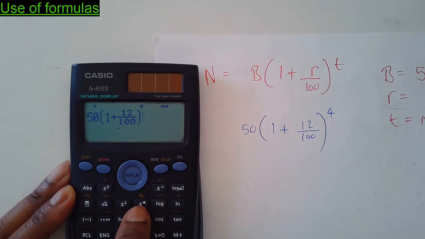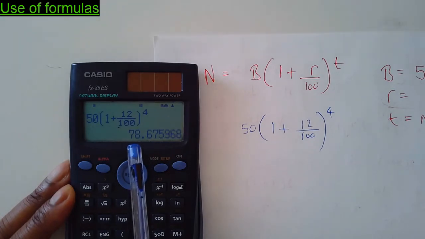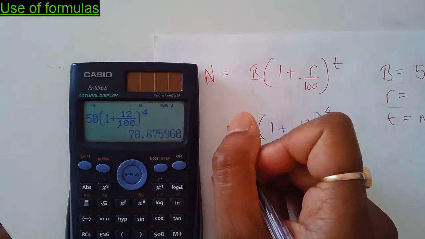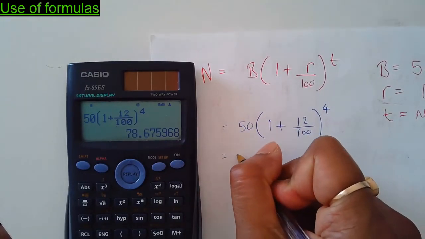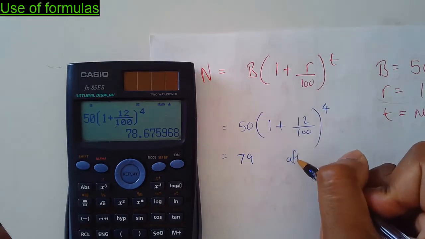To the power, there's a power button there. We can round that, we'll just say 79. We expect 79 people to be infected after 4 days.